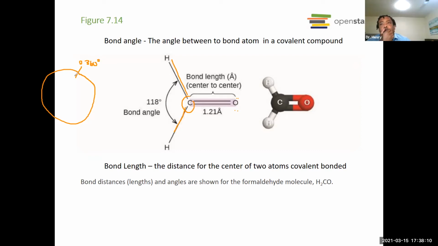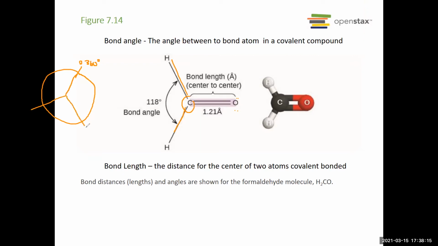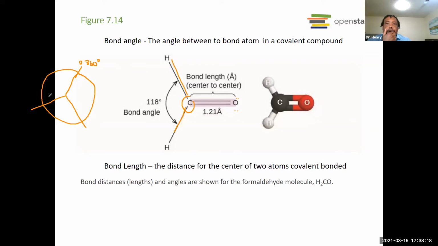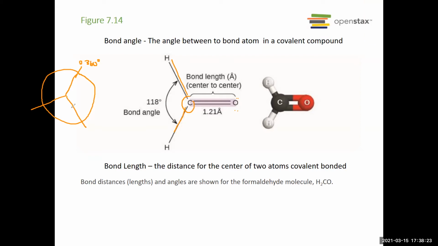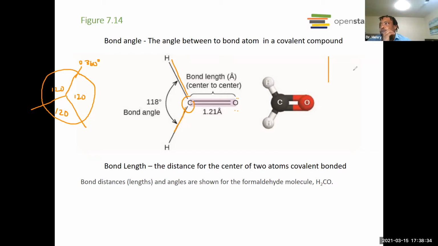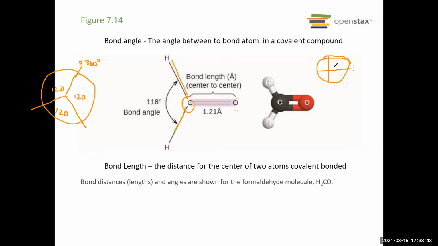Okay. So if we break up a circle in thirds, what would be the angle of each of the pie slices? 120. Okay, if we break up the circle into fourths, then what's the angle of each of those pie slices? 90 degrees.